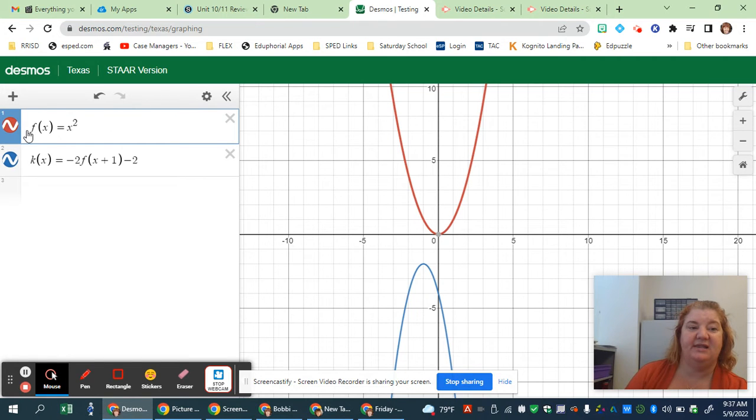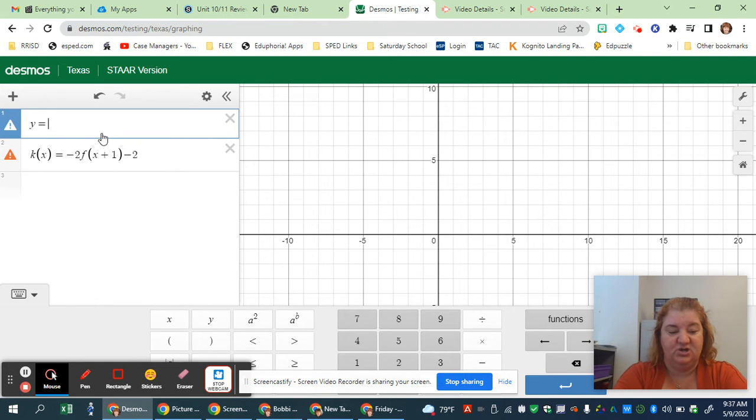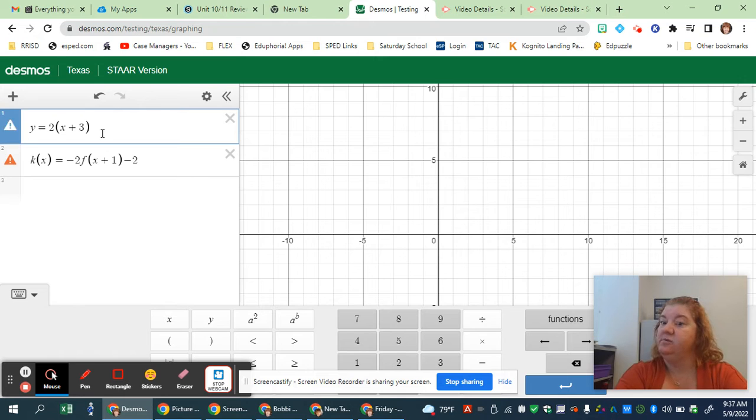So the first one is y equals 2x plus 3 squared, caret 2, because it's squared, and then plus 7.